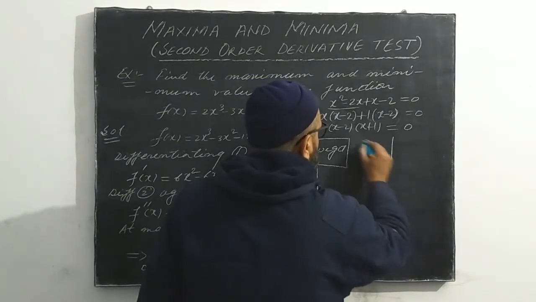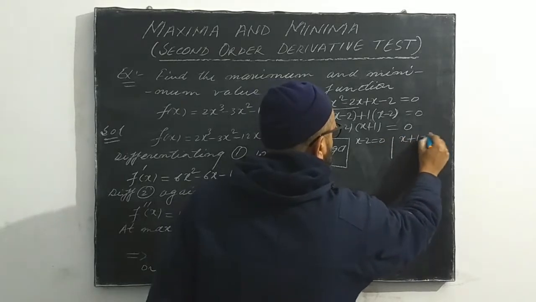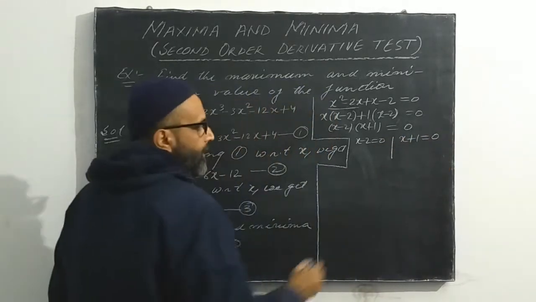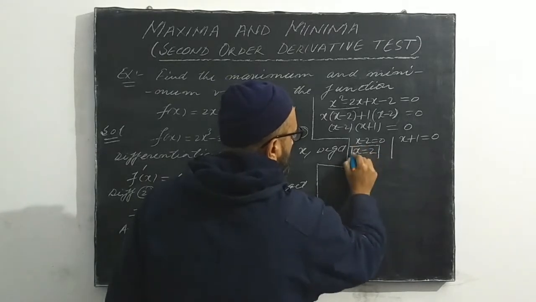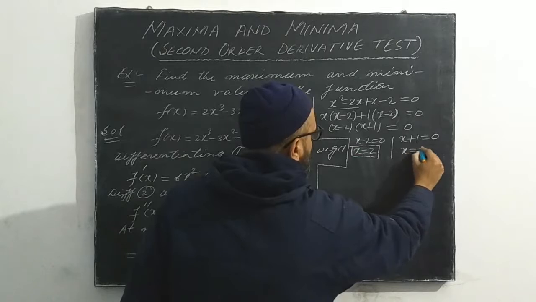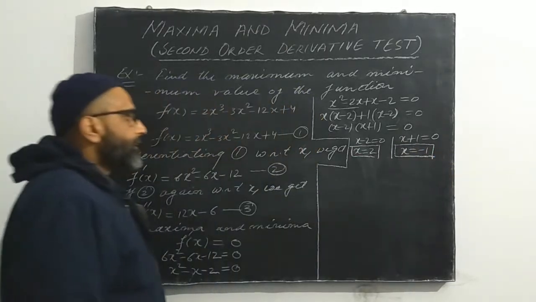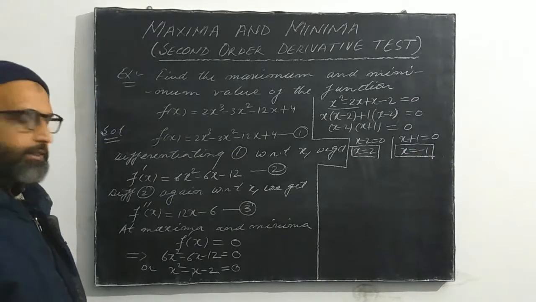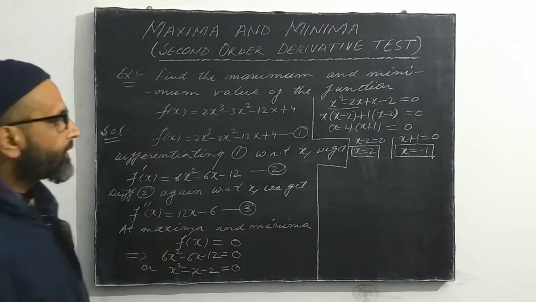So we have factorized the left hand side of the equation. In that way, either x minus 2 is equal to 0 or x plus 1 is equal to 0, so x is equal to 2 or x is equal to minus 1. So we get x is equal to 2 and x is equal to minus 1, at which the first derivative of the function is 0.